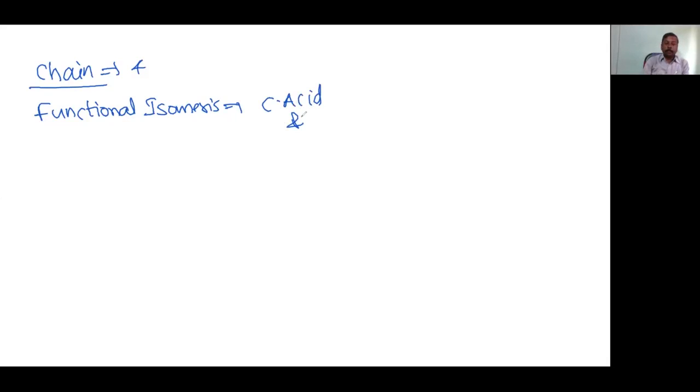These are hydroxycarbonyl compounds. What is that? That I will tell you. Carbonyl compound. Next esters and hydroxyoxiranes.